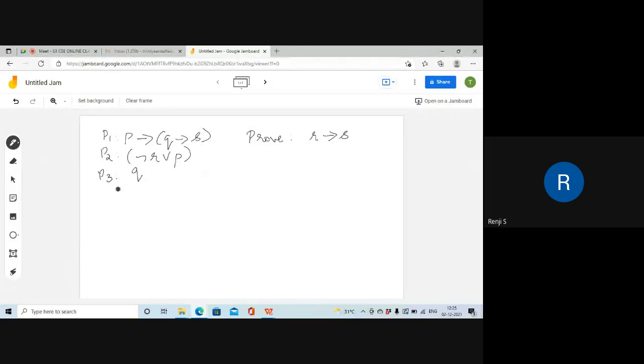In using rule CP, you have to check what you have to prove.